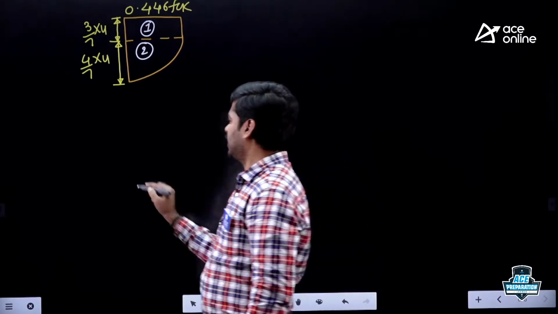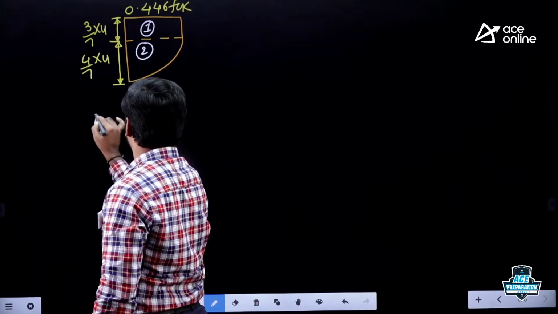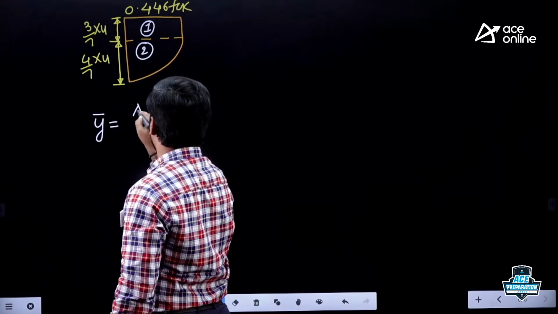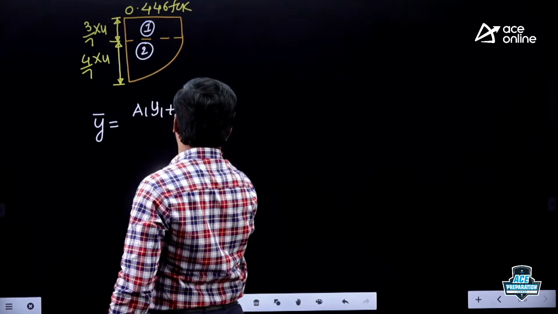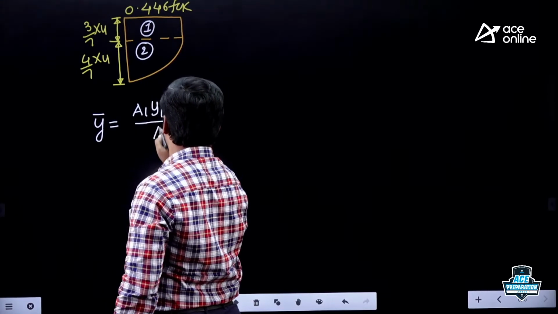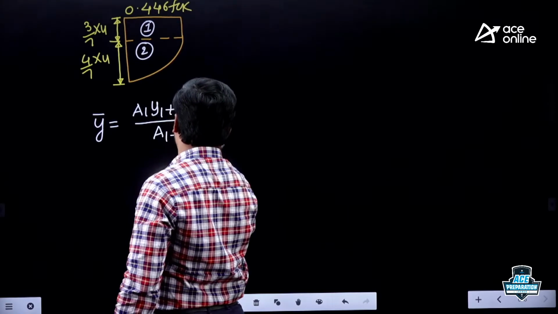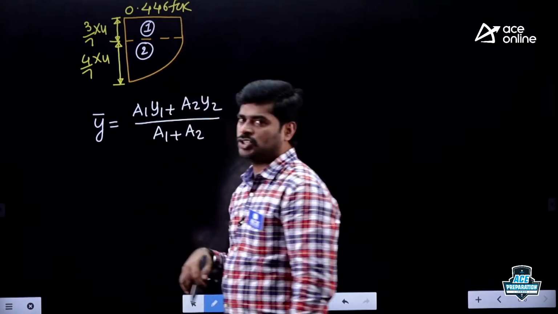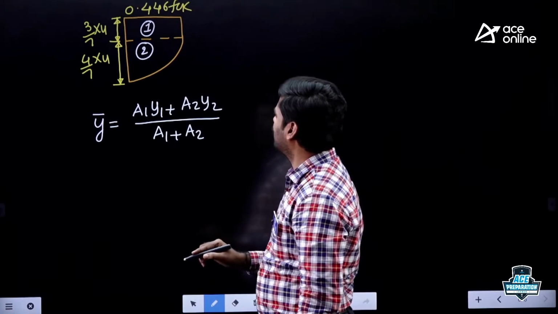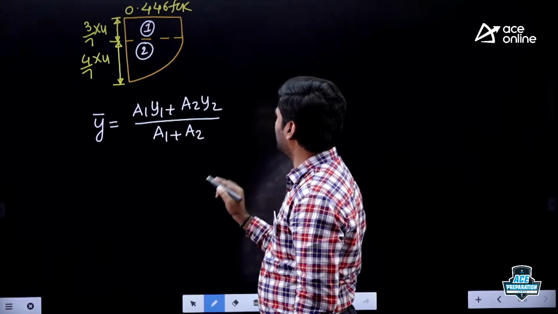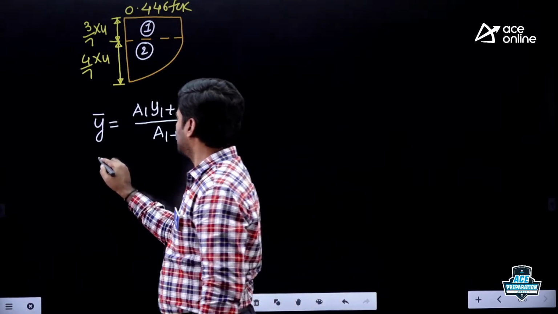You know from strength of materials, y bar equals A1 y1 plus A2 y2 upon A1 plus A2, because I want the centroid in the depth direction. So we can find out y bar. What is here A1, what is A2, what is y1 and what is y2? Let us see, my dear.